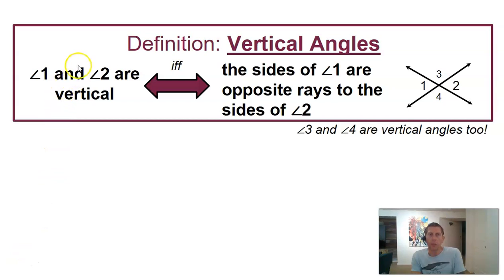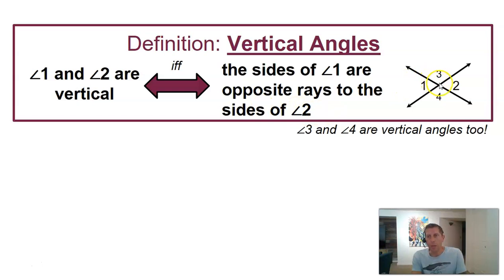Now we're going to move on and talk about the definition of vertical angles. Remember, we talked about vertical angles in terms of our third and final term for today. So the definition, which I hope you took notes on already: angle 1 and angle 2 are vertical if and only if the sides of angle 1 are opposite rays to the sides of angle 2.